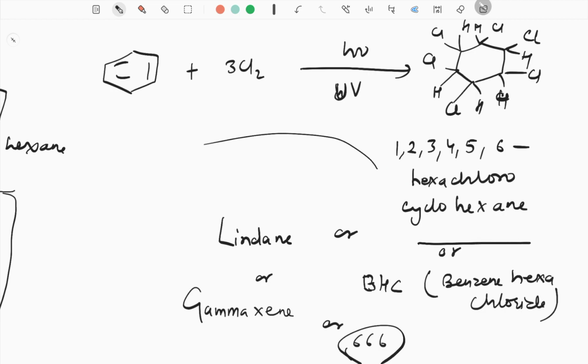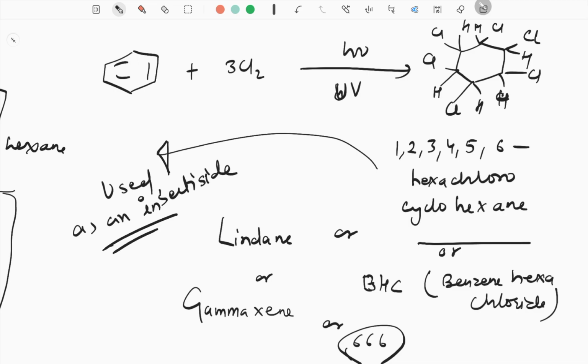It can be used as an insecticide, right? So this is the BHC.